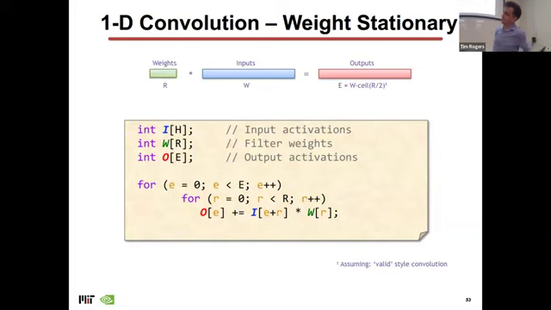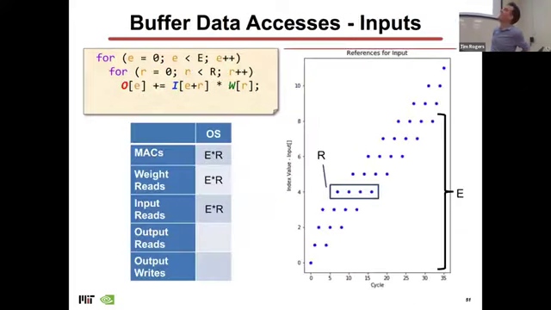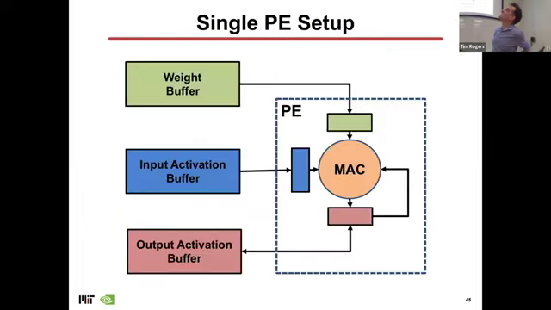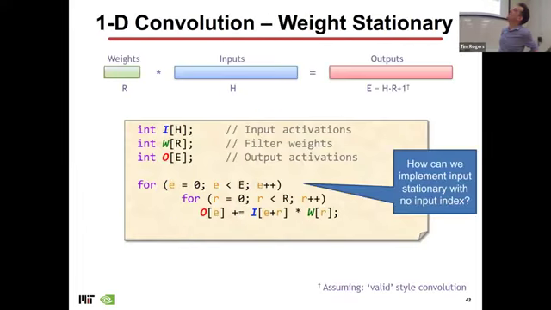The weights are moving. This is output stationary. Why does it say weight stationary? Let me find a slide that's not broken. This is what's going on here.